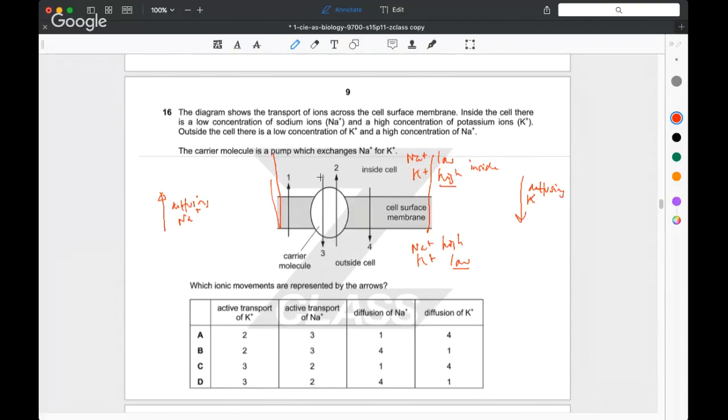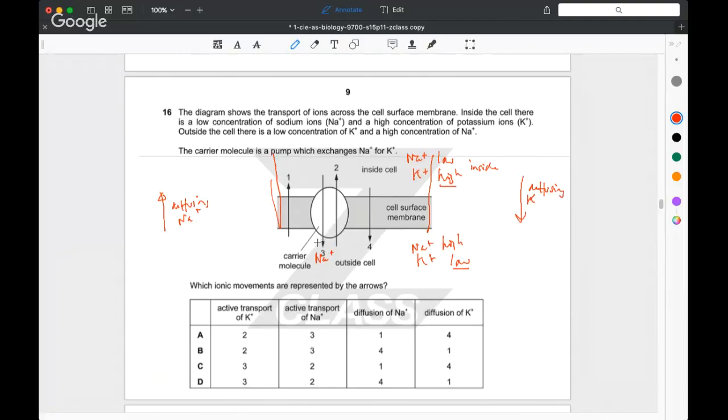This is going against the concentration gradient. That must mean that this one is active transport of sodium, because we're pumping sodium from a low to a high, which is against the natural order of things, if you see what I mean. It's against the way diffusion would happen. It's active transport.